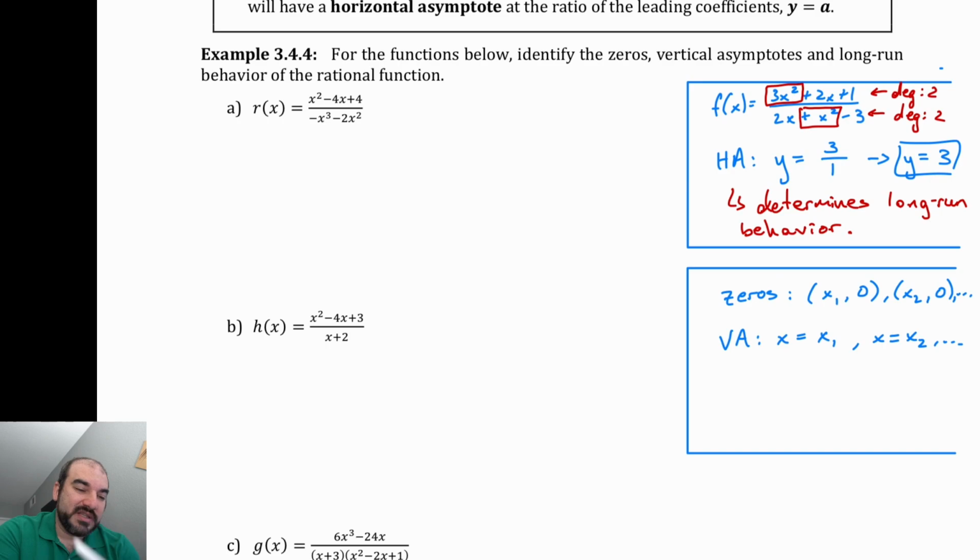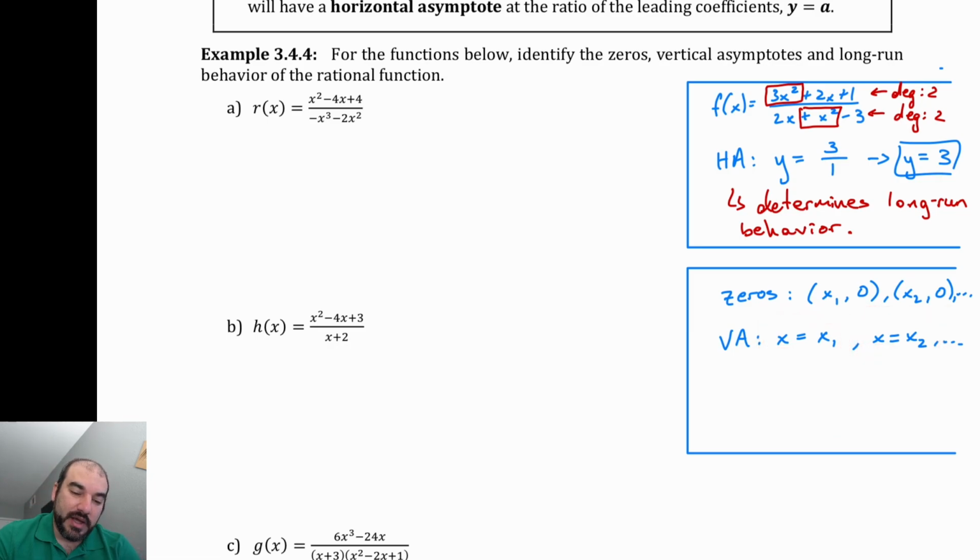So when we're listing vertical asymptotes, we're going to list those as equations of vertical lines, right? A vertical line has an equation of x equals a number. So when you set the denominator equal to 0 and you solve, you may get 2 or 3 or 4 different vertical asymptotes, you're going to list those as equations like this, where x is equal to a number, x is equal to a number, and so on.